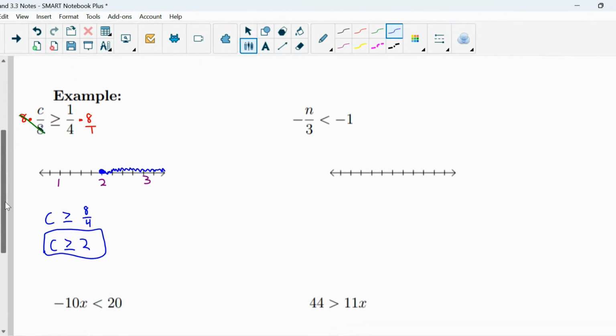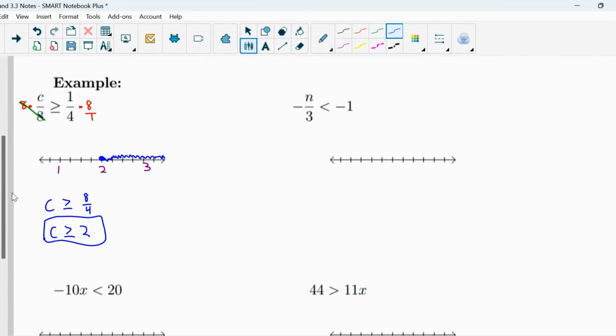For our second example here, we have negative n divided by 3 is less than negative 1. So when we simplify this, remember, when you have a negative within your fraction, the negative either has to go to the numerator or denominator. It does not matter. In this case, let's make this negative 3 so we can simplify this in one step.